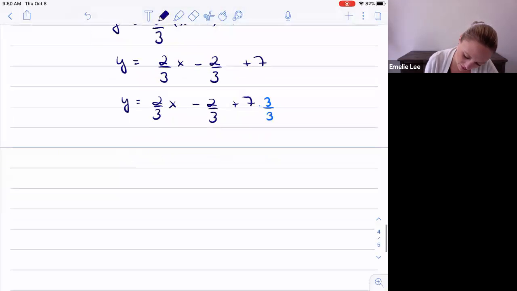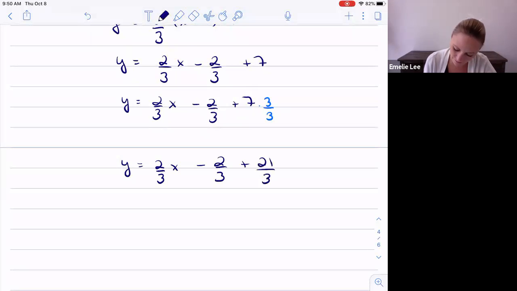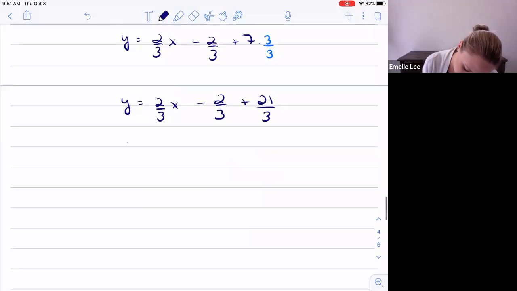Now I get y equals 2/3x minus 2/3 plus 21/3. Now I can add these two fractions, making sure I keep this -2/3 as a negative, right? And so it's 21 minus 2, putting me at 19/3. Y is 2/3x plus 19/3.